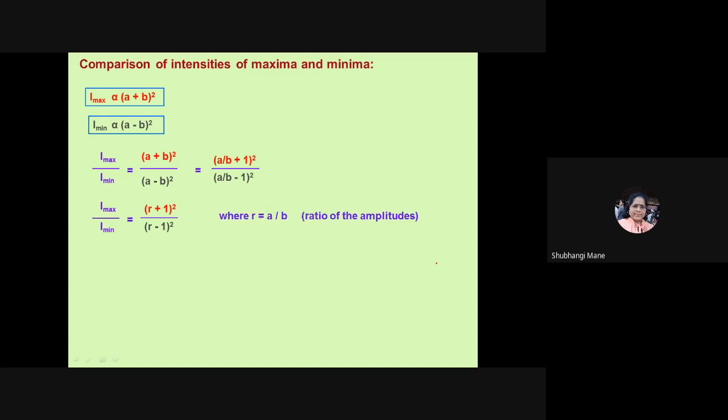And this is solved using some rearrangement. Okay. So we get the condition I max upon I min equals (r plus 1) square upon (r minus 1) square.